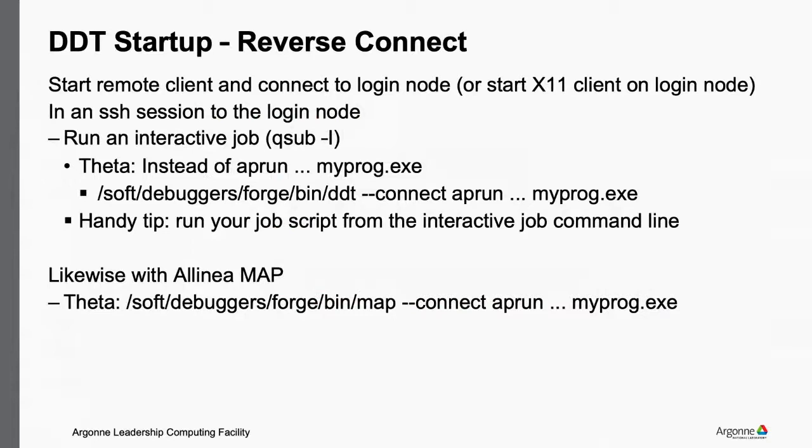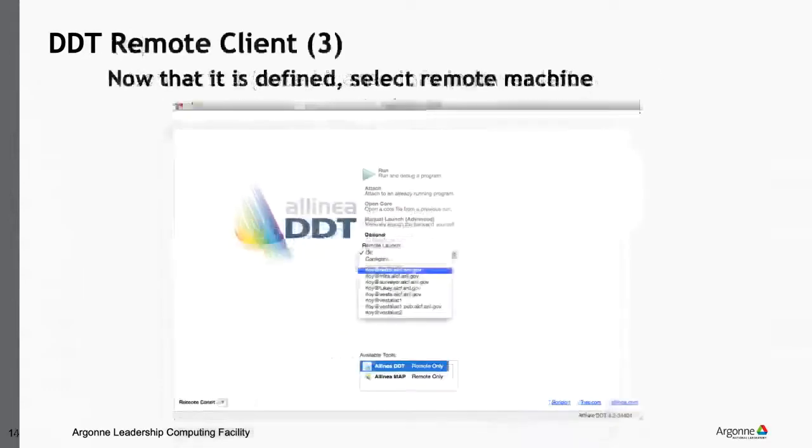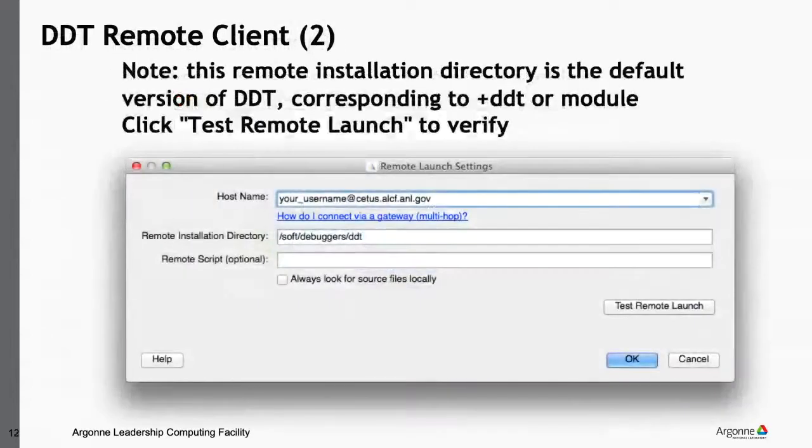So let me just mention that while we're talking about debugging here, the MAP performance profiler from Allinea ARM starts up exactly the same way from that same interface. It's just on the left-hand side.